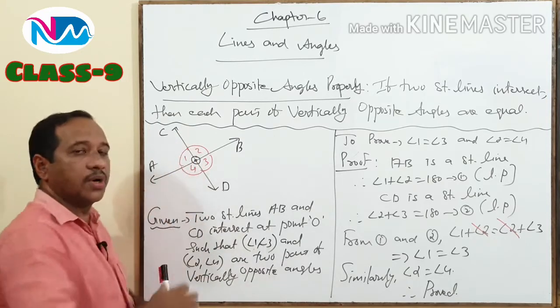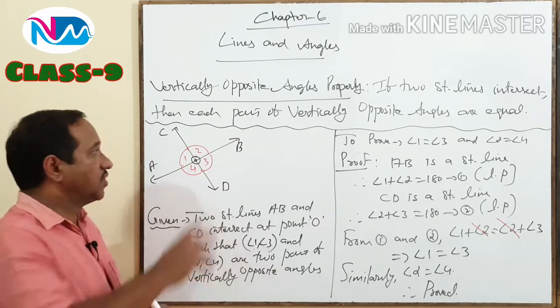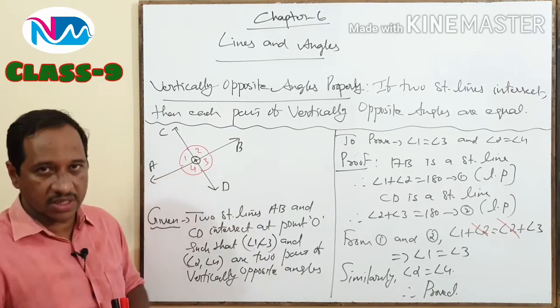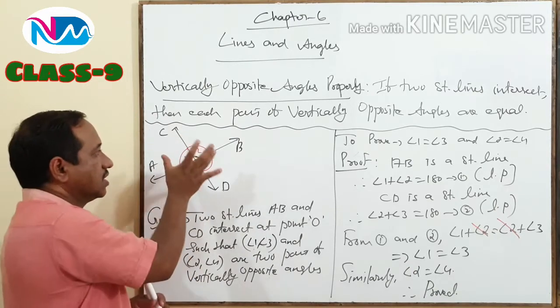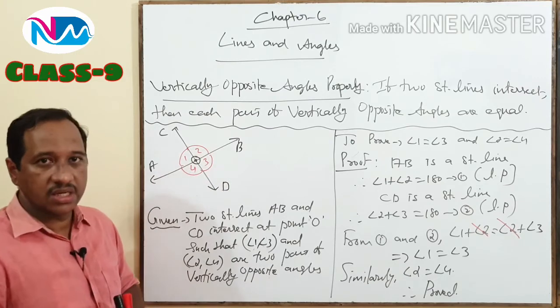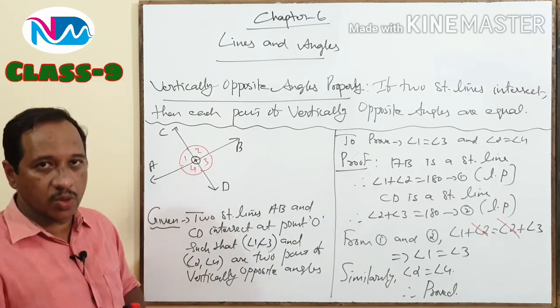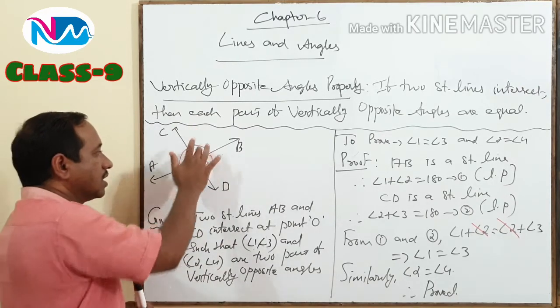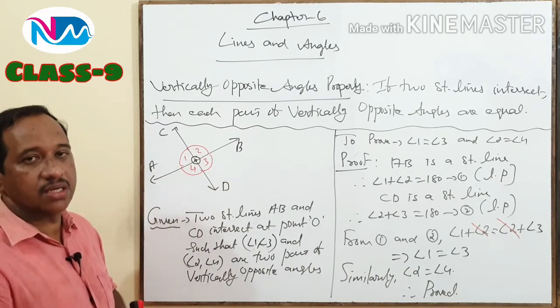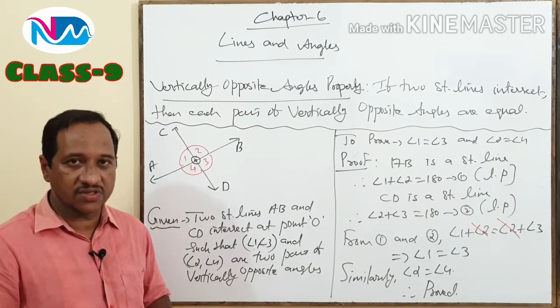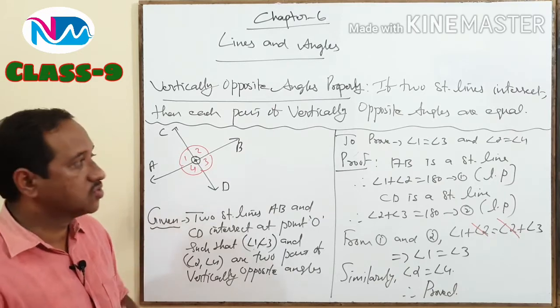They intersect at a point O, so that we have four angles in total, of which angle 1 and angle 3 form the first pair of vertically opposite angles, and angle 2 and angle 4 form the second pair of vertically opposite angles. And what we have to prove?